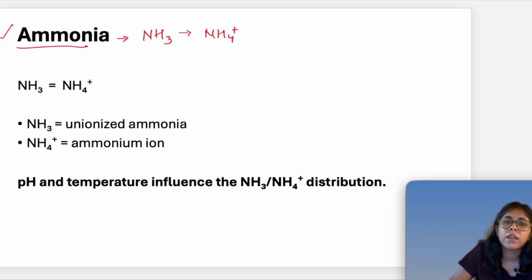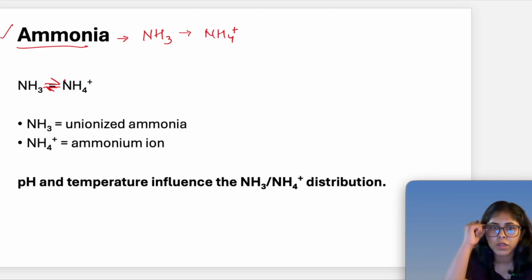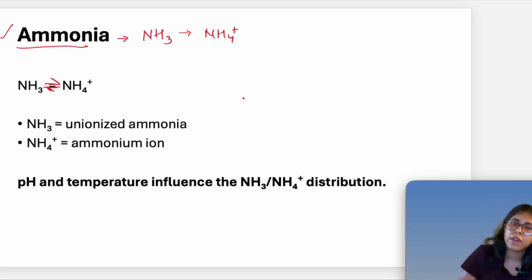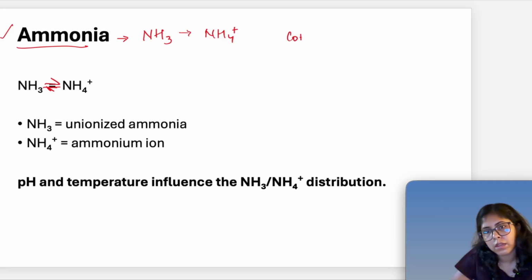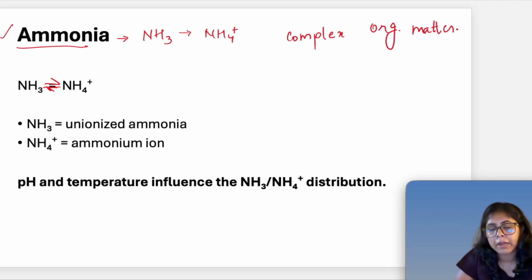These both are interconvertible, so we make this kind of sign between them. NH3 is nothing but the ammonium ion, right? So if ammonia is present, it signifies the presence of complex organic matter in the water, right?